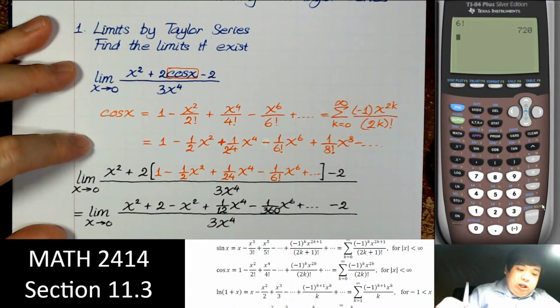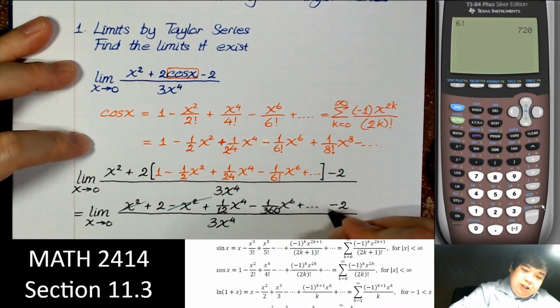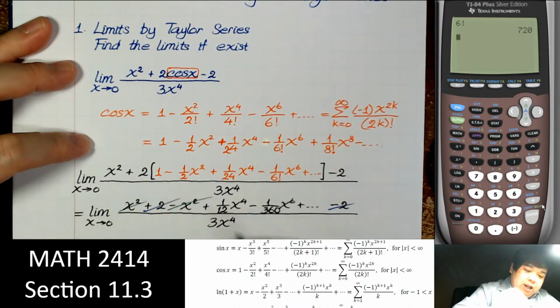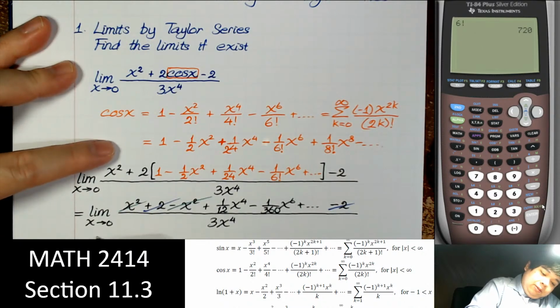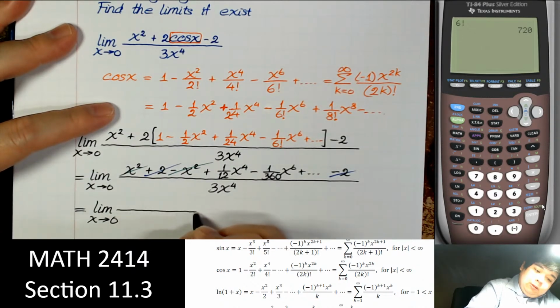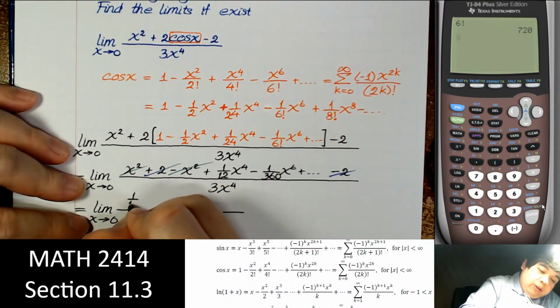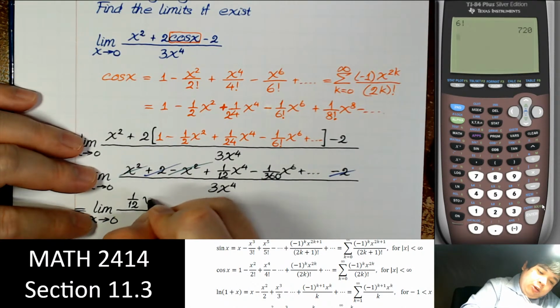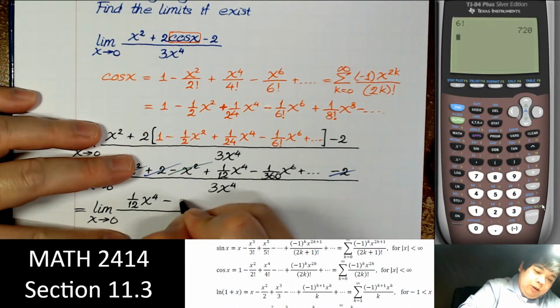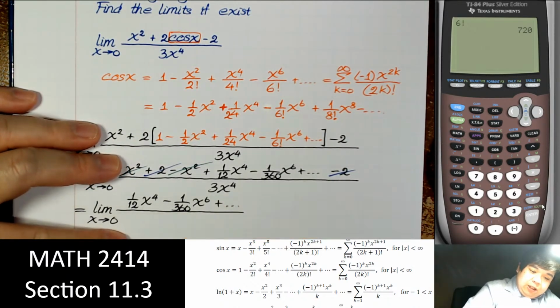Right. Now we see that x squared and negative x squared cancel out. Negative 2 and 2 cancel out, and we're left with 1 over 12 x to the 4th minus 1 over 360 x to the 6th, and so on.